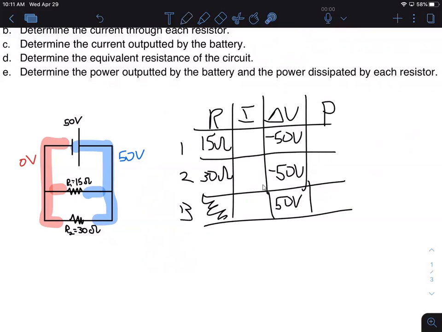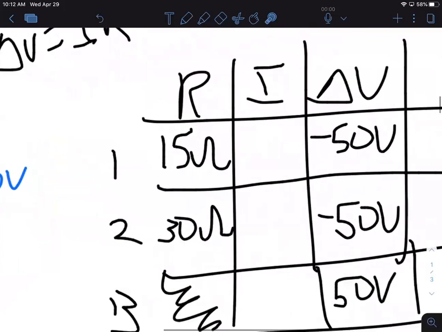Current. Well, changes it by 50, resistance of 15. Ooh, I did not make the numbers nice. 50 divided by 15, 3.33. 3.3 amps. 50 divided by 30 is going to be half of that. 1.6.